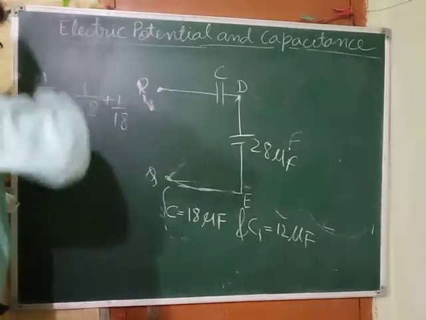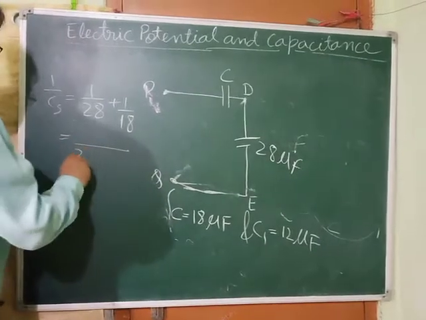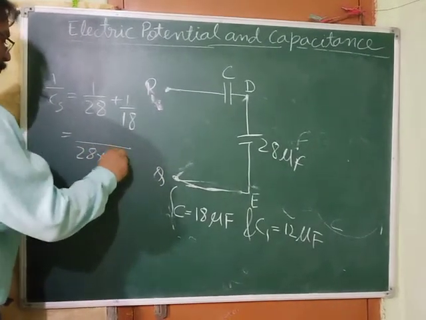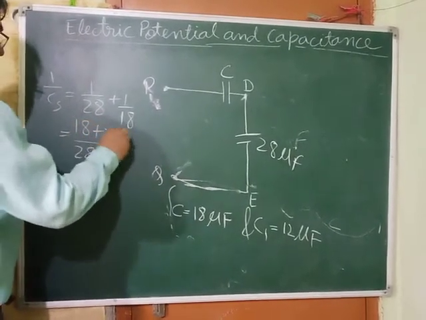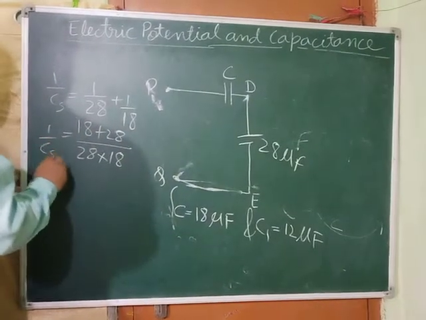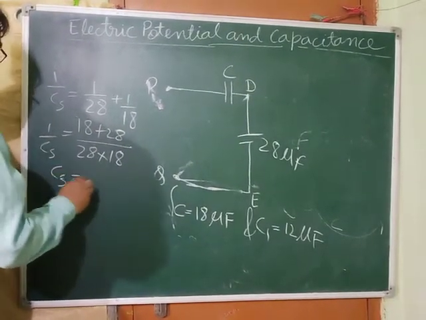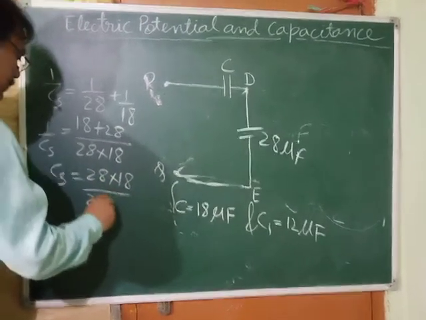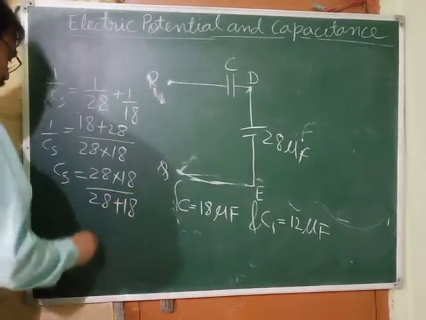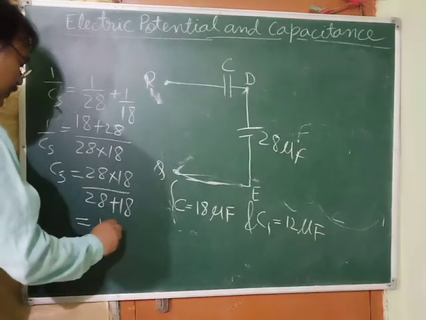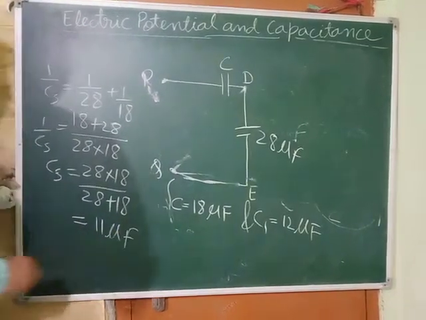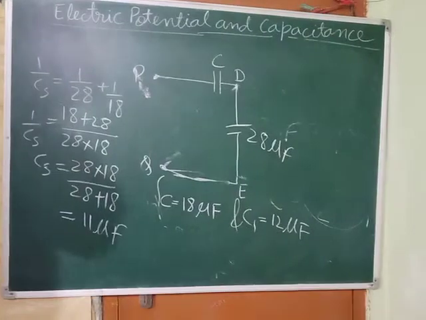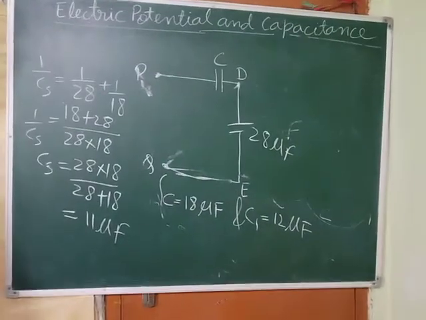Again we get 28 into 18, here 18 plus 28, that is 1 by CS. So CS is 28 into 18 by 28 plus 18, and that gives approximately 11 microfarad. And that is our answer.